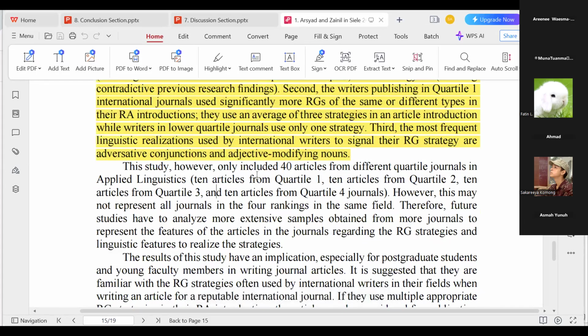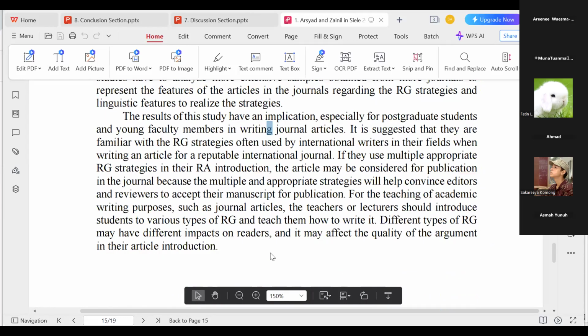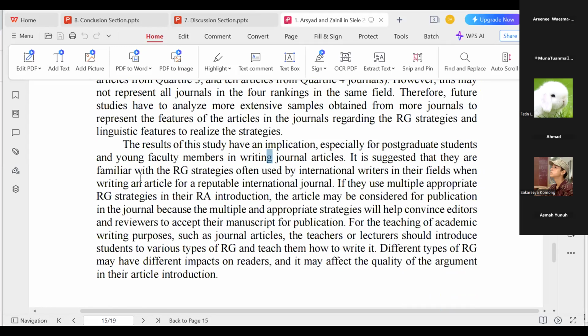This study, however, has limitations: limitations about the corpus, the small sample size. And then therefore, future studies have to analyze. So this is the suggestion for future studies. Okay, so this is the limitation of the study, and then this is the suggestion for future studies.